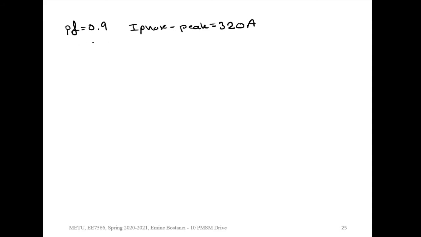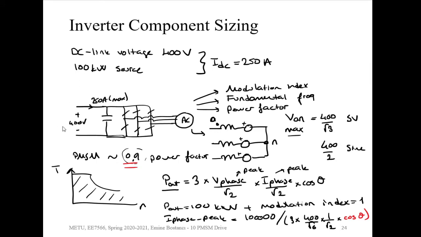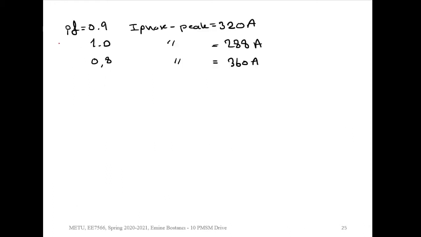For power factor being 1, this I phase peak can be calculated as 288. For power factor being 0.8, this can be calculated as 360 amps. So it means that if you are given the power rating of your source and the power rating of your electric machine, how much current you are going to have in the phases, your phase current, and how much current an inductor has to carry at its peak power operation is going to depend on the power factor.